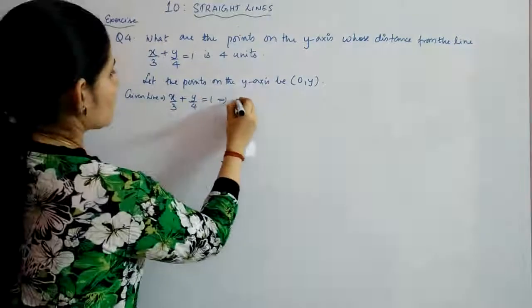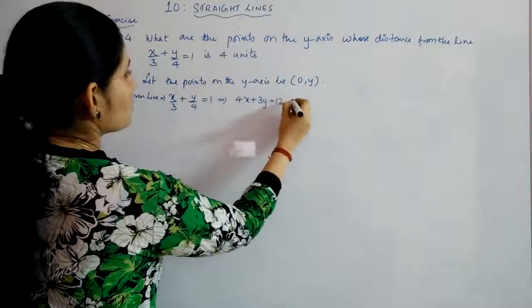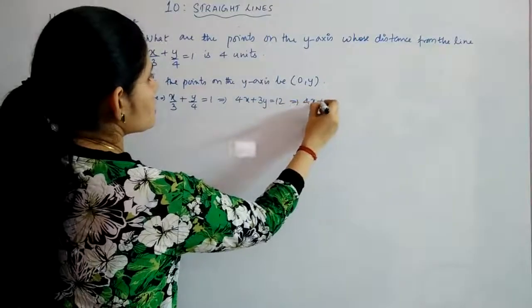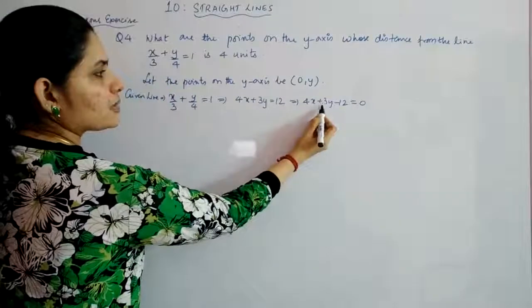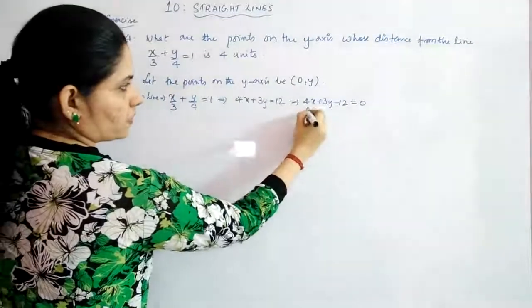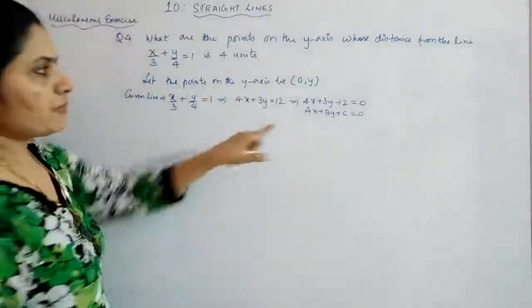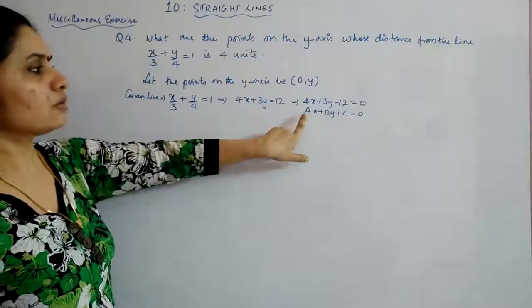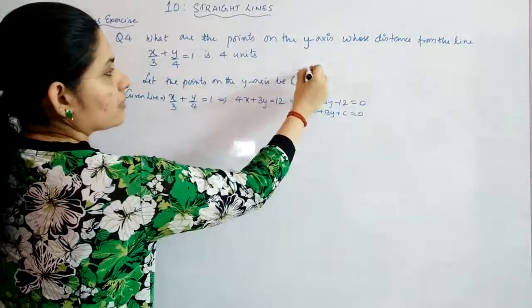Taking the LCM, you get 4x plus 3y is equal to 12, or 4x plus 3y minus 12 equal to 0. Now this is in the form ax plus by plus c equal to 0. That means you can compare this with the formula, and 0, y will be acting as x1 and y1.